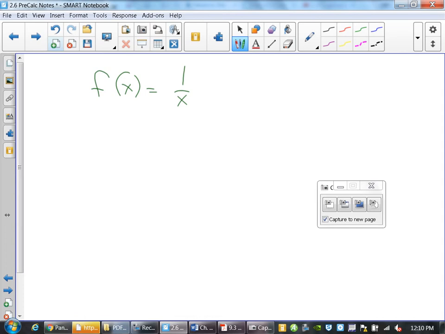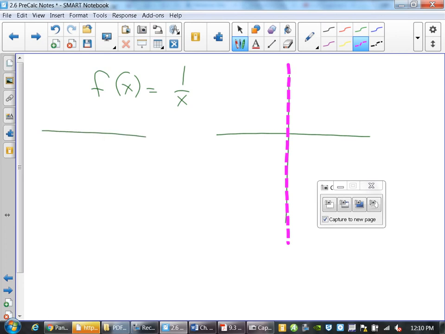Can't be 0 because can you divide by 0? No. So when you're looking at this, you get that vertical asymptote at 0. Now the graph itself depends on how it's curving around. There's going to be curves here.